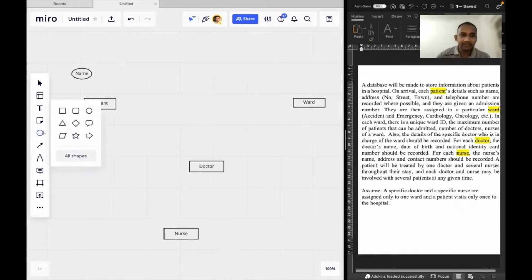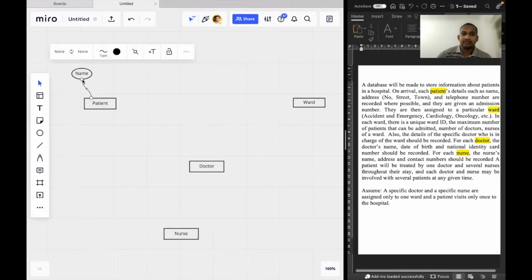Therefore, you must draw a line. So I select a line. Remember that you have to select a line without any arrow. You can use from here to here. That means this name belongs to this patient.